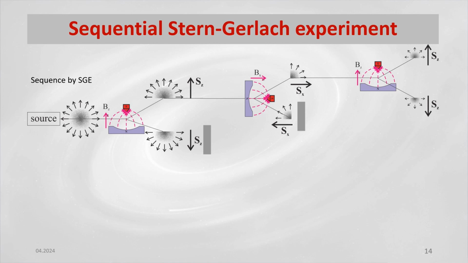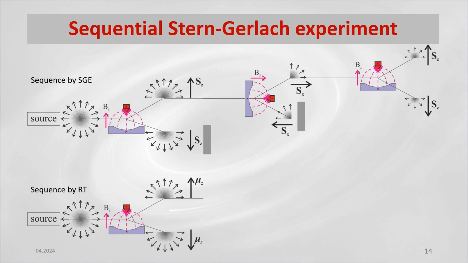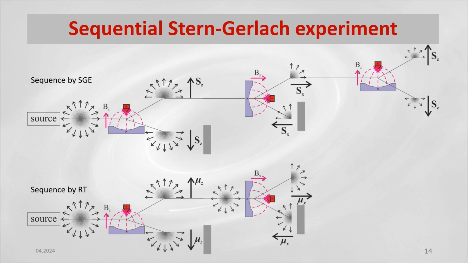However, if we look at the sequence experiment from the perspective of ring theory, we can come to completely different conclusions. After passing through, a beam of atoms with randomly rotated valence electrons with their magnetic moments is divided into atoms with up and down vectors of magnetic moments of electrons. The lower beam is shielded and the upper half of the atom beam continues to the second apparatus.